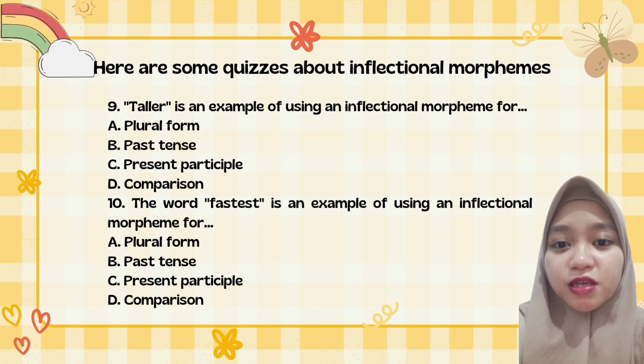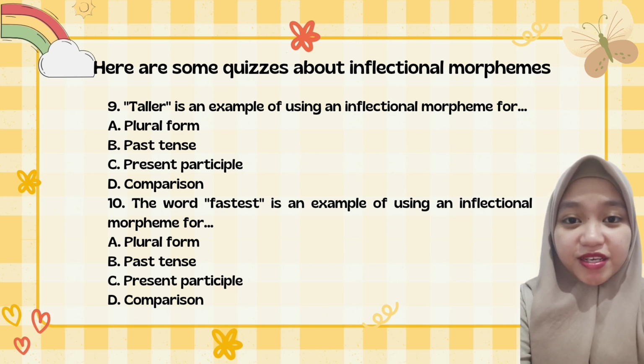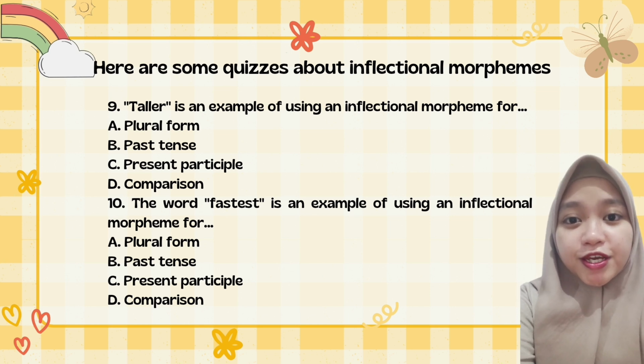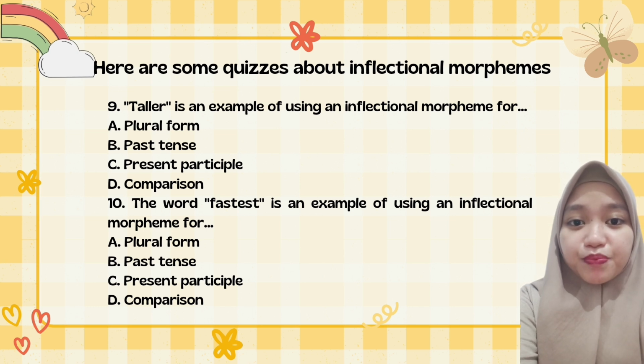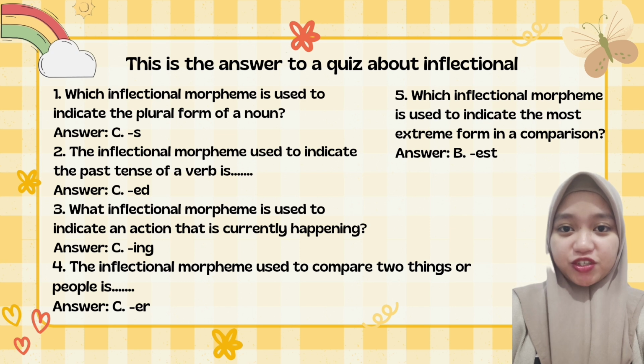Taller is an example of using an inflectional morpheme for A. Plural form, B. Past tense, C. Present participle, D. Comparison. Number 10. The word fastest is an example of using an inflectional morpheme for A. Plural form, B. Past tense, C. Present participle, D. Comparison.